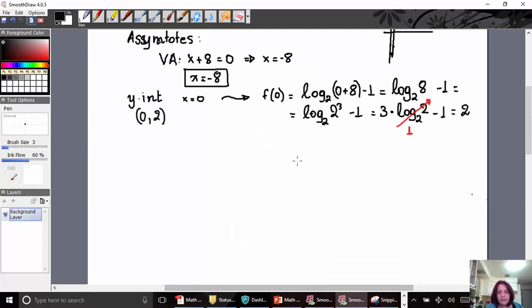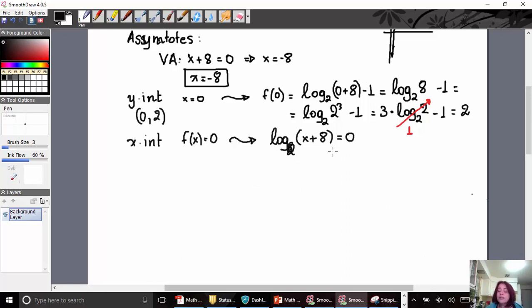Let's move on now and try to find the x-intercept for this logarithm. How do we find the x-intercept for this logarithm? The f of x must be equal to 0. So what we need to do is set the equation log with base 2 of x plus 8 equals 0.